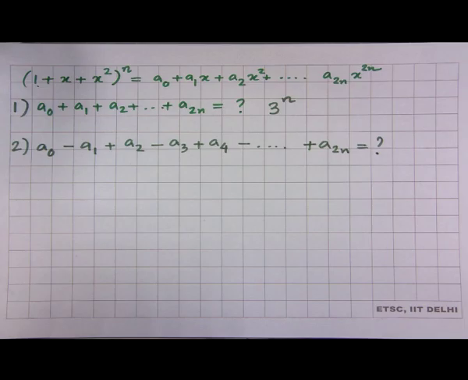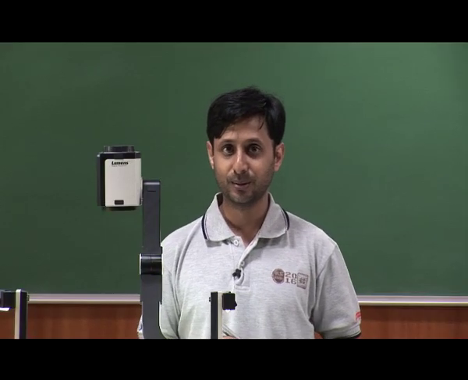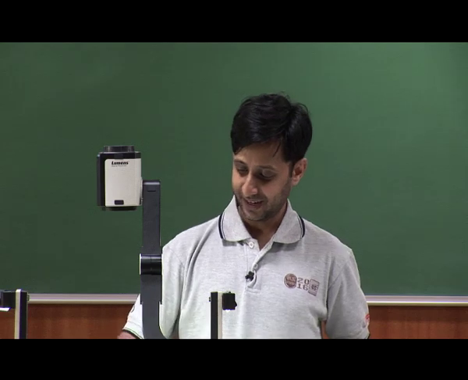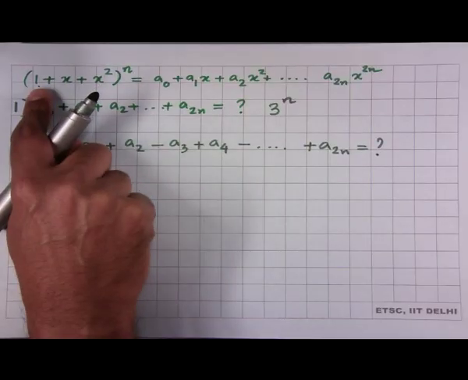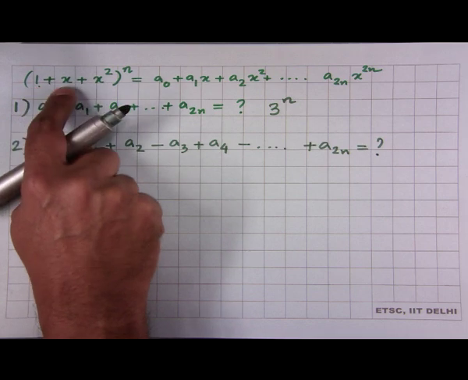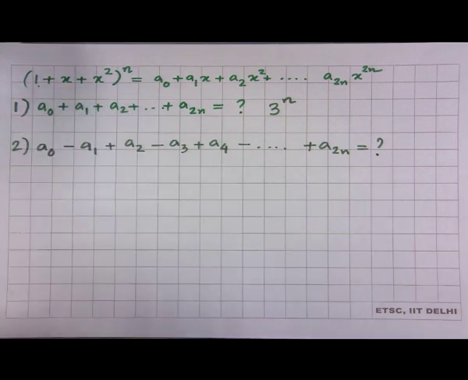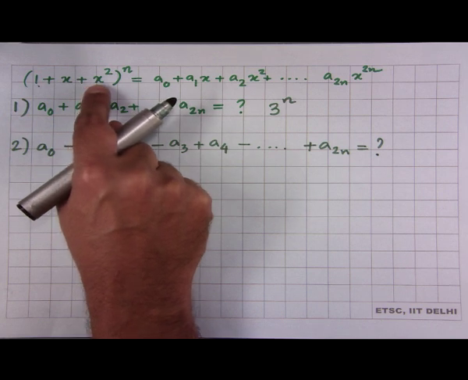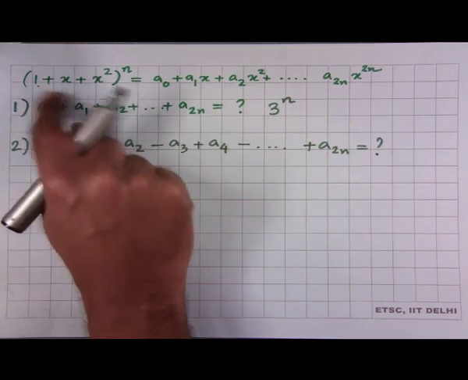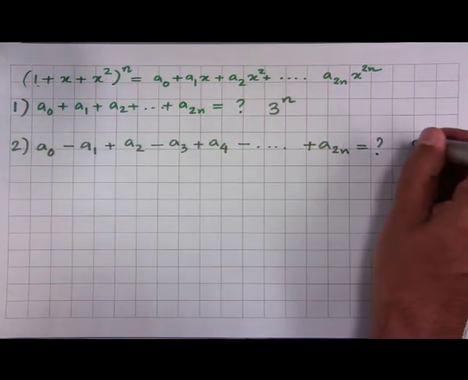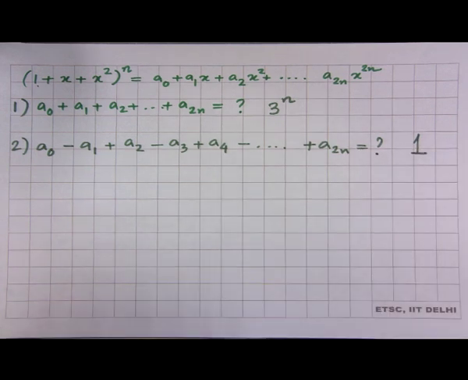Okay. So, just plug in x equal to minus 1, and if you plug in x equal to minus 1, 1 minus 1 is 0 plus minus 1 squared is 1. So, the net result is 1 whole power n. So, your answer is 1. Okay. Very interesting. All right. Then I have got a third question for you.